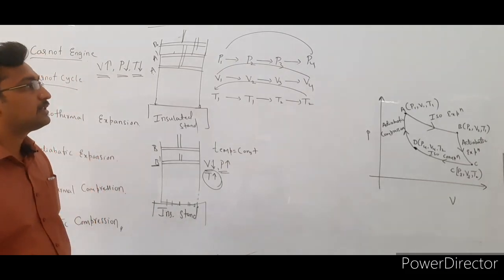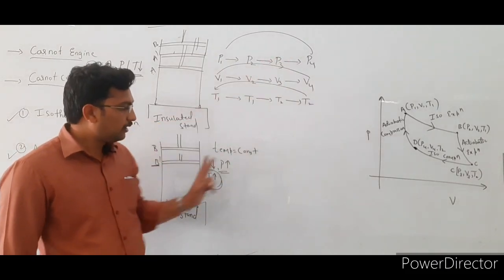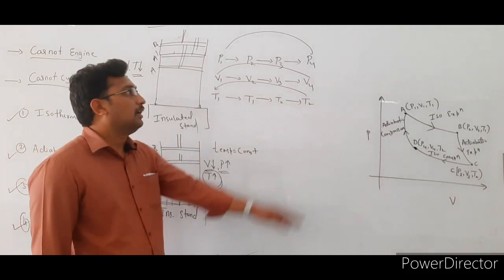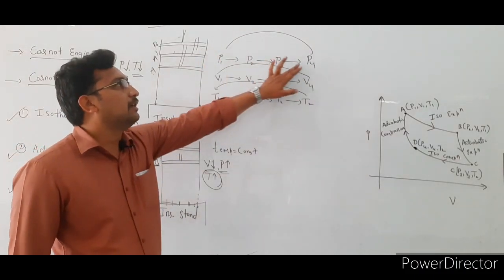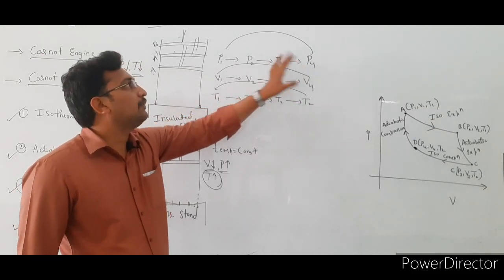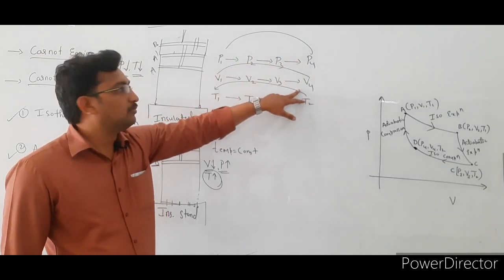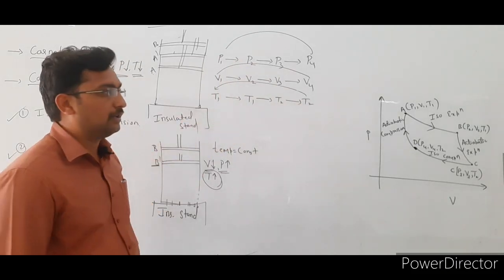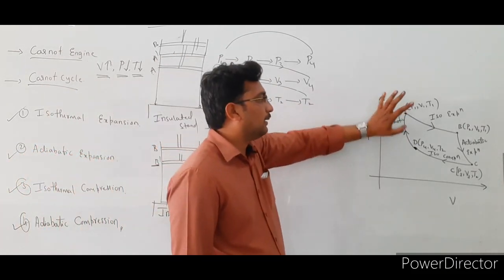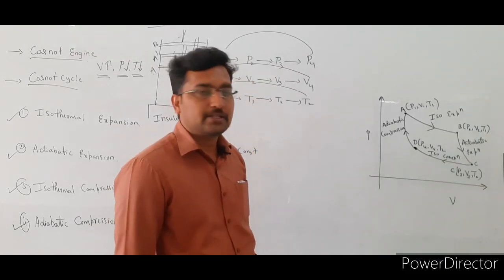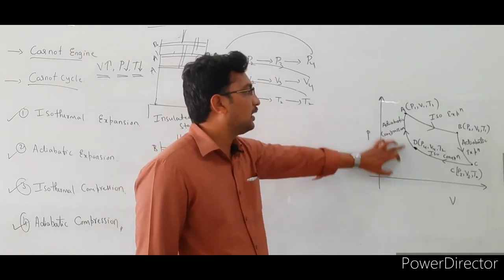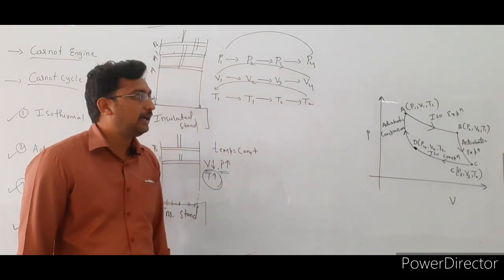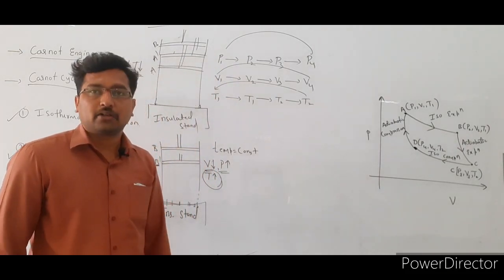The volume decreases, pressure increases, and temperature also changes. The pressure changes from P4 to P1, volume from V4 to V1, temperature from T2 to T1, and this point A is the initial state of the system. The curve DA indicates the adiabatic compression.